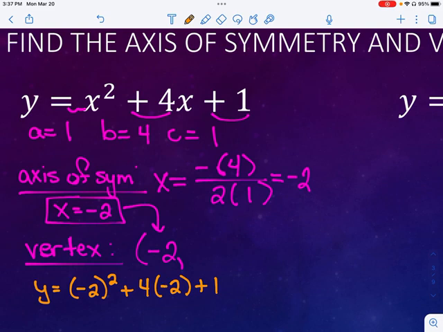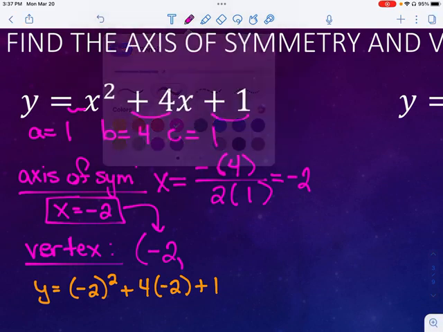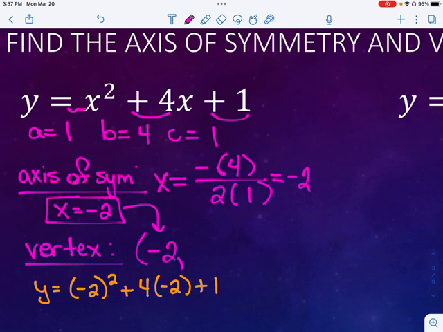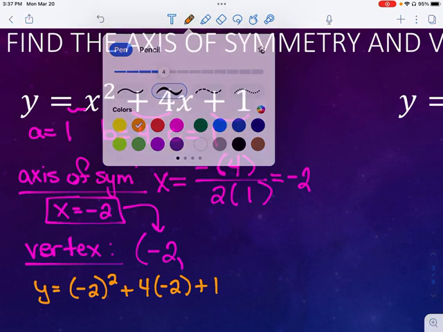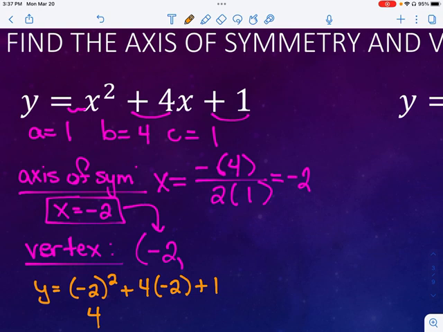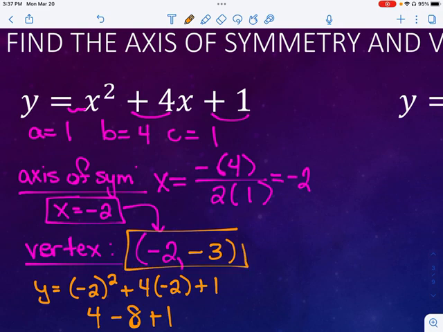And then you're simply going to work that out. So when you look at this, you have negative 2 squared. That's going to give me positive 4. Negative 2 times 4 is a negative 8. And then we have a plus 1, which is going to give us a negative 3. So my vertex would be at negative 2, negative 3 on that one.